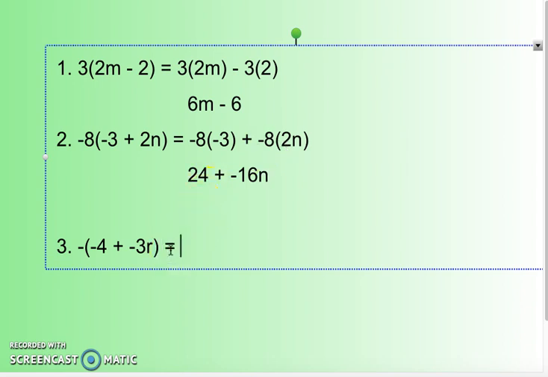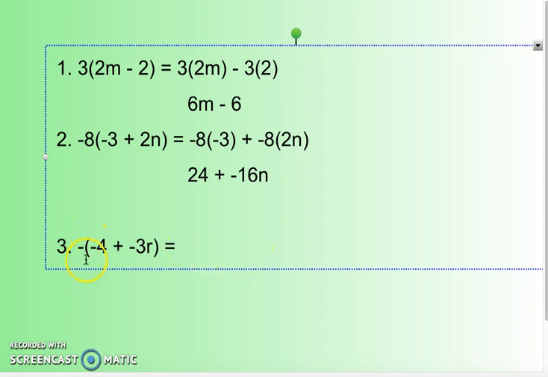Our last problem, this is a little tricky one, because if you look on the outside, do we even know what number that is? All I see is a negative symbol. What is the only number that we can multiply something by that doesn't change its value?